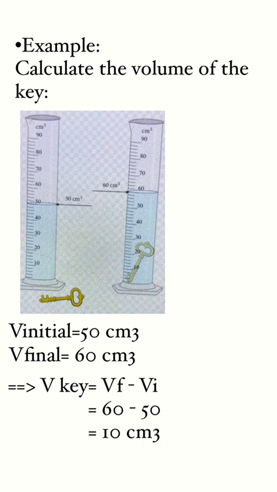The volume of the liquid increases to become 60 centimeter cube. This represents the final volume, or VB. Now we are able to calculate the volume of the key. V key equals V final minus V initial, which equals 60 minus 50, which equals 10 centimeter cube.